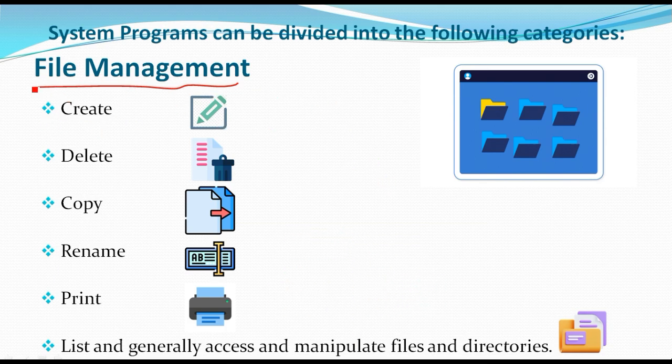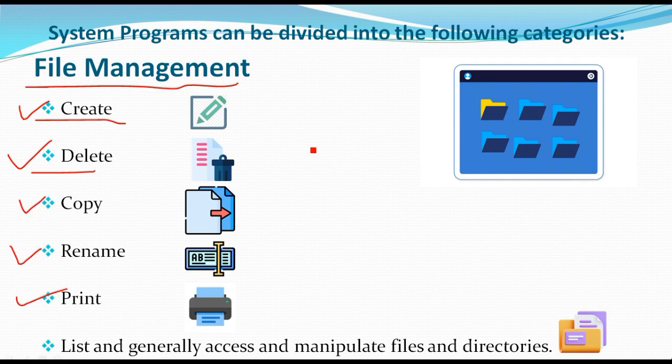This file management is used to create a file and delete a file. In the previous lecture on types of system calls we also discussed file management, with create, delete and so on. Here we have the user programs: create, delete, copy, rename, print, etc.